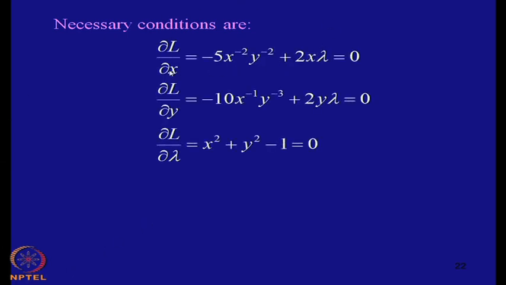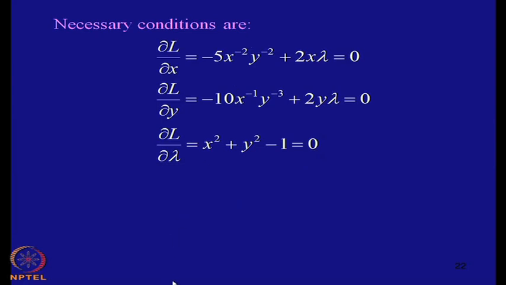From del L by del x equal to 0, we get the equation minus 5 by x² y² plus 2x lambda equal to 0. Del L by del y equal to 0 gives us the equation minus 10 by x y³ plus 2y lambda equal to 0, and the third equation, del L by del lambda equal to 0, gives the original constraint, x² + y² − 1 = 0.